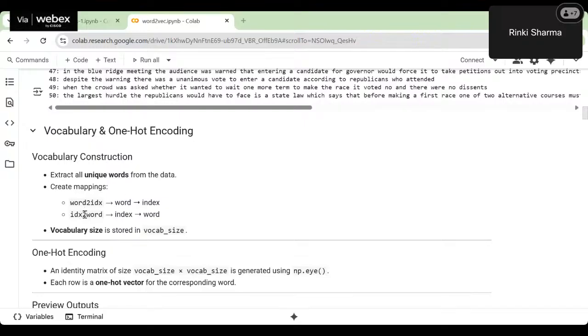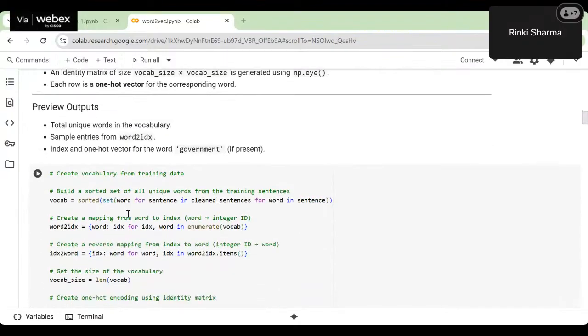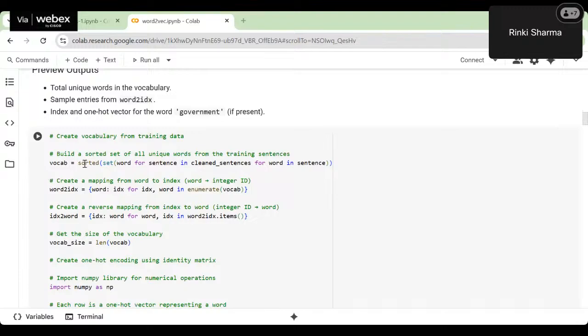The second is idx to word, the reverse function, which gives the word for any given index and will be used during the coding process.